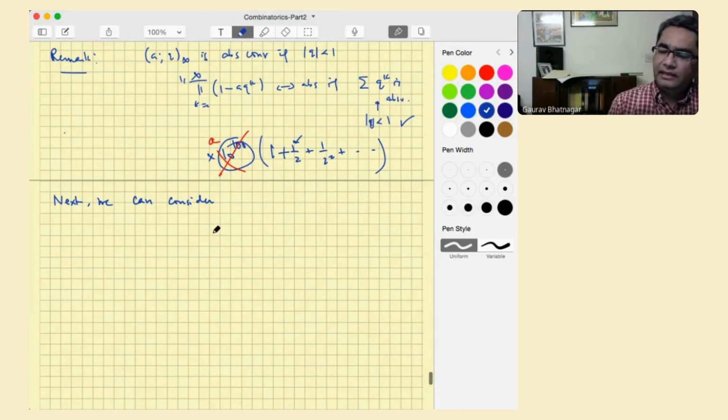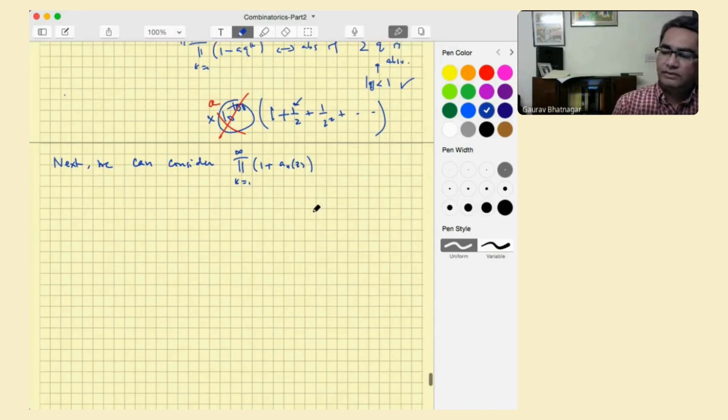So next we can consider functions. I mean, we can consider the product for k equal to 1 to infinity of 1 plus a_k of z, where z is a complex variable. And we can define the usual convergence, pointwise and so on.